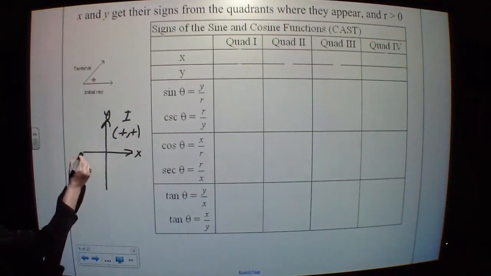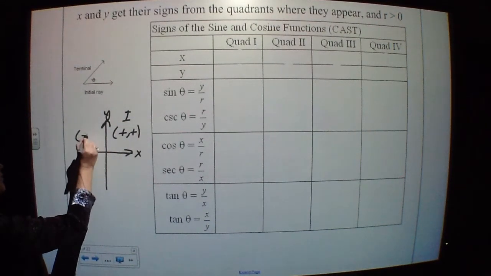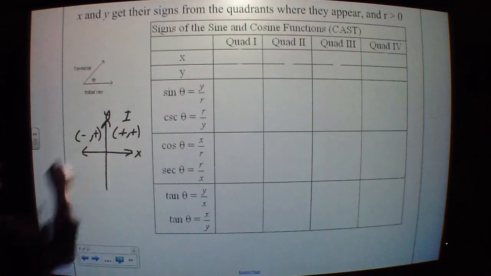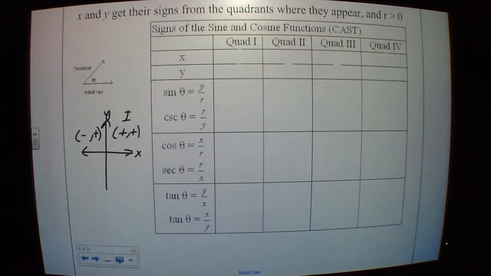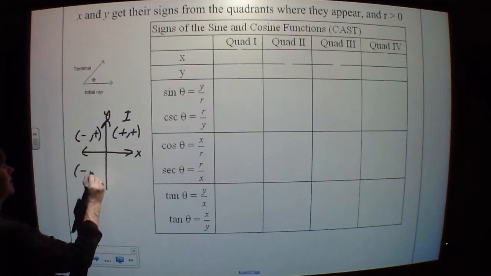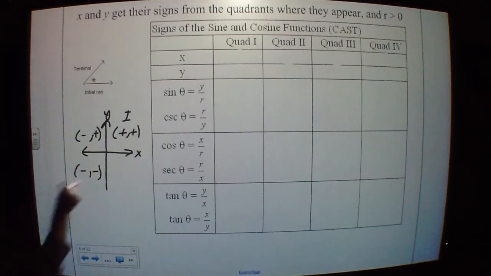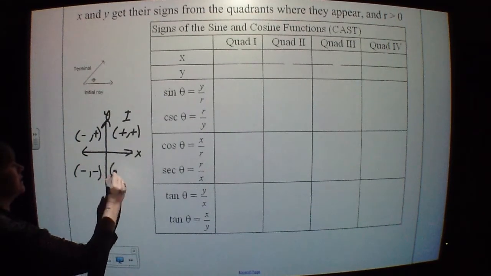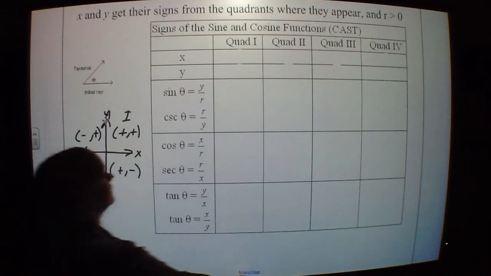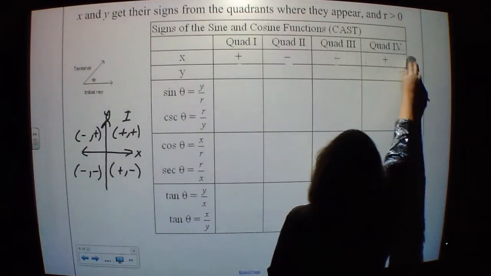In my second quadrant, I hope you know that x is negative, but y is still positive. In the third quadrant, x is negative, y is negative. And in the fourth quadrant, x is positive and y is negative. And that's what I have right up here. So I filled the table out.